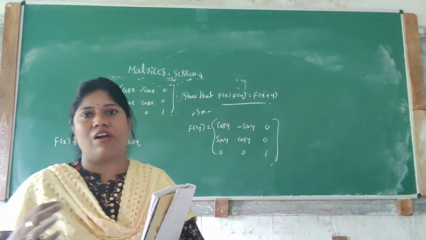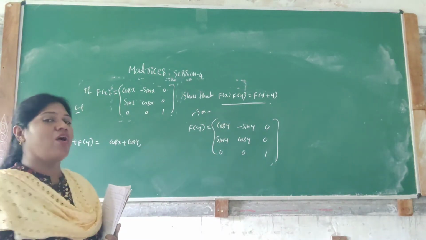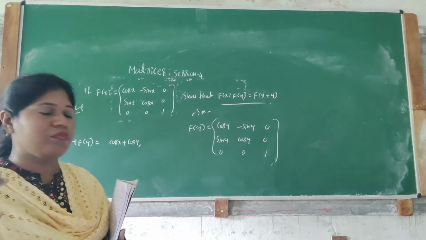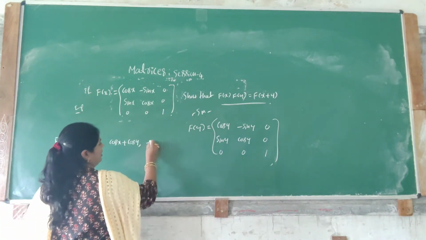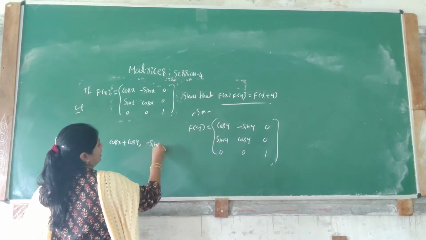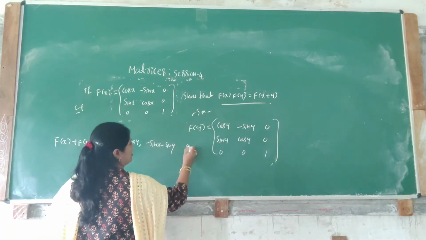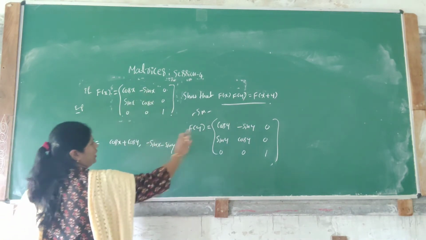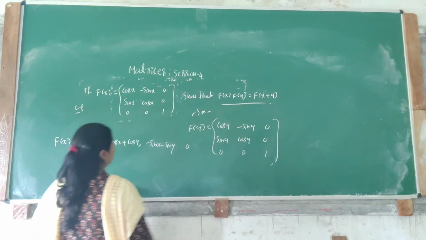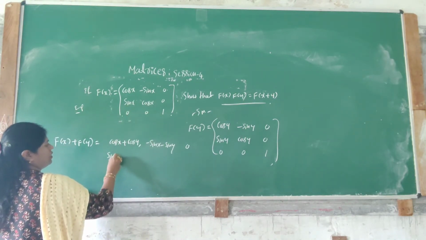In the previous class, I have already told you, while adding, the corresponding elements must be added. So minus sin x minus sin y, 0 plus 0. Next, second row we have to come, okay?